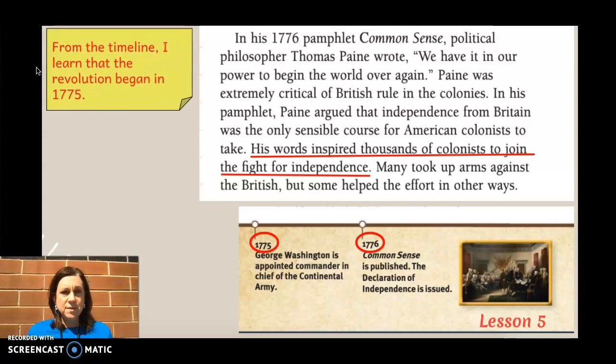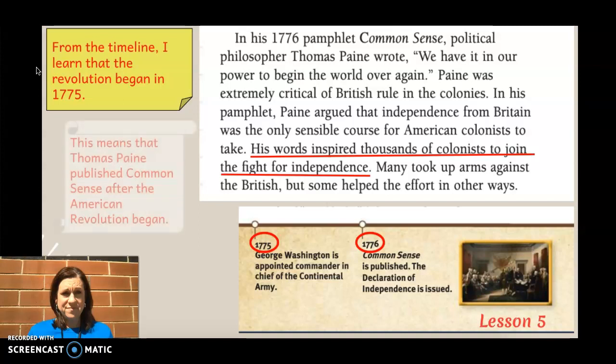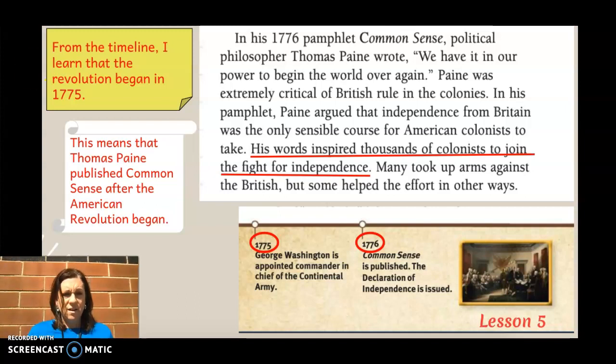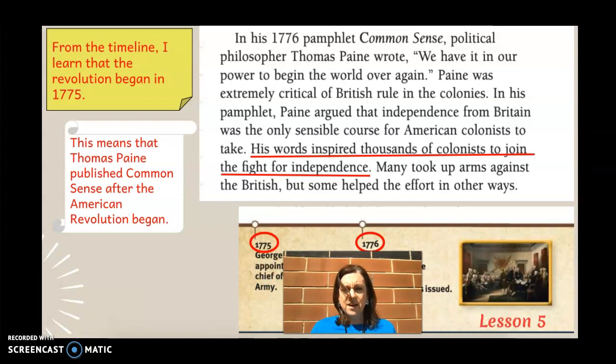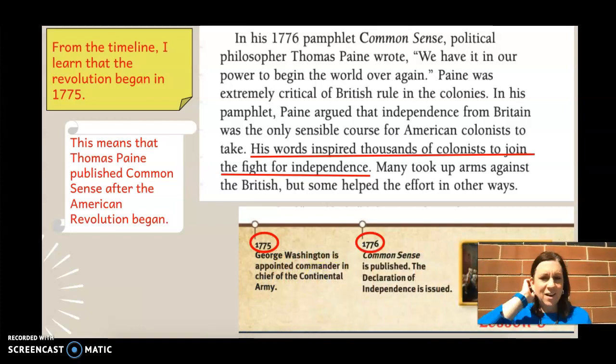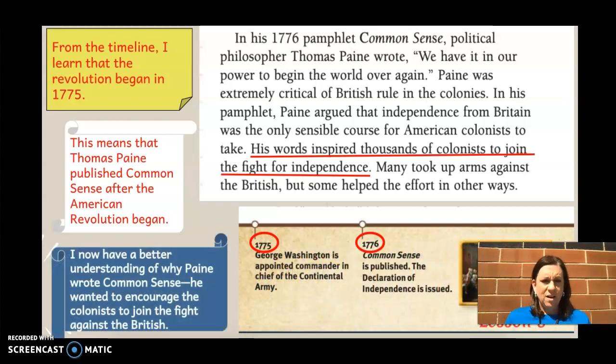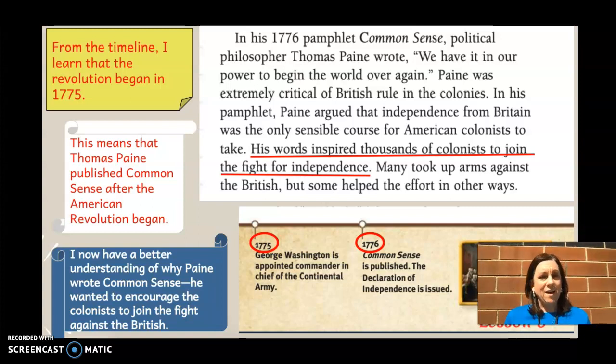So from the timeline, I can learn that the revolution began in 1775. This means that Thomas Paine published Common Sense after the American Revolution began. We now have a better understanding of why Paine wrote Common Sense.